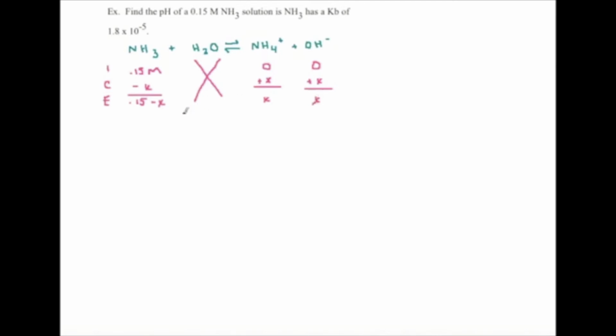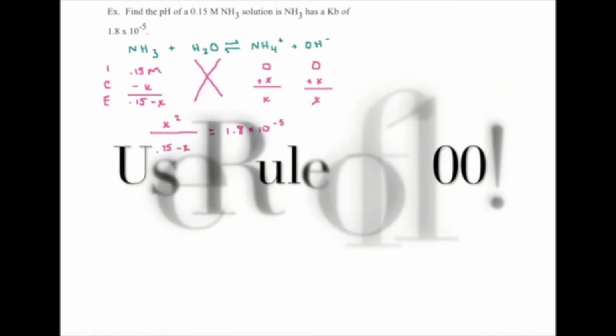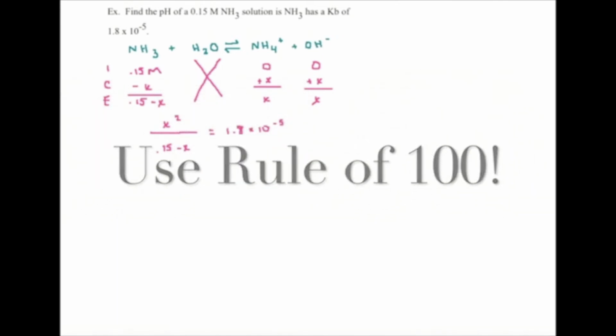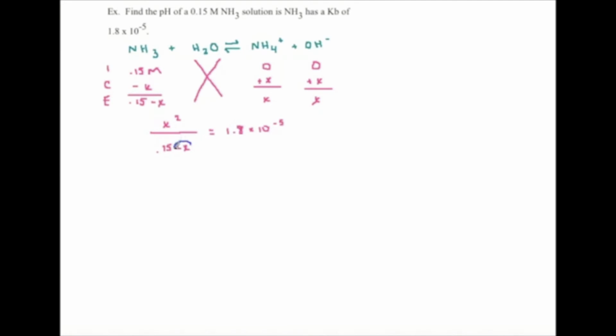And so my equilibrium expression is going to be X times X, which is X squared, all over 0.15 minus X, and I'm going to set that equal to my Kb, which in this case is 1.8 times 10 to the -5th. I'm going to assume that my X is small enough that it won't affect my equilibrium concentration of NH3, so I'm going to ignore it to make my life easier.